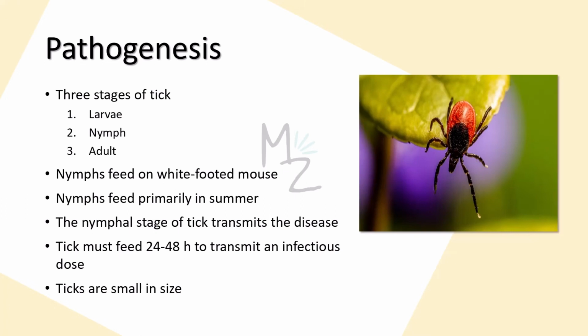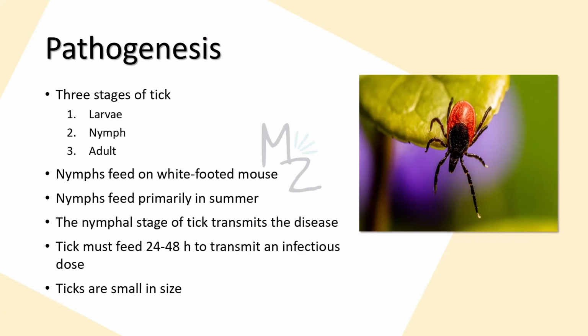And you know what? The really high-yield thing here is that ticks must feed 24 to 48 hours to transmit an infectious dose. This implies that inspecting the skin after being exposed can prevent the disease. However, nymphs are quite small and can easily be missed.